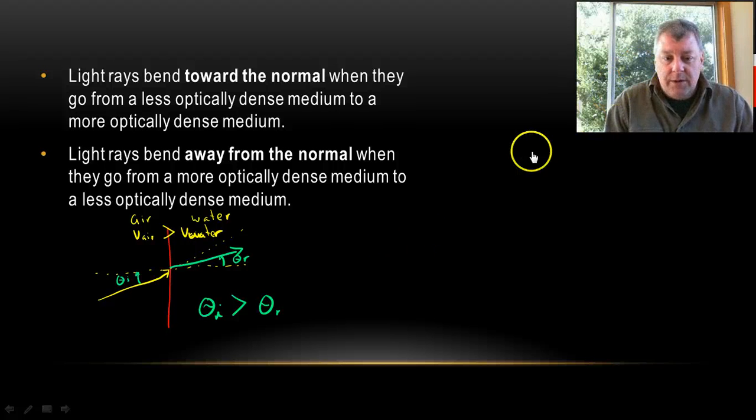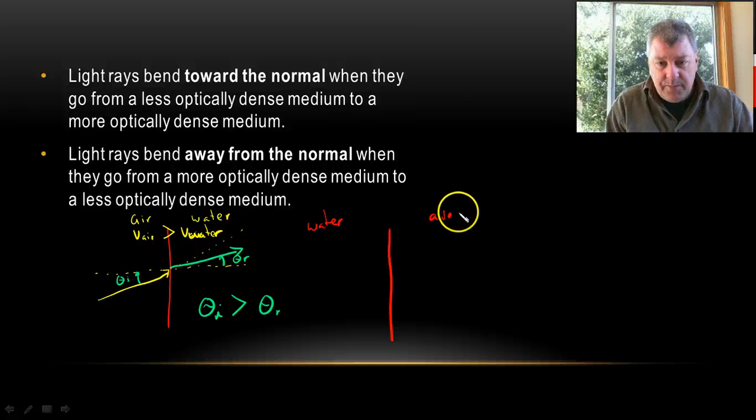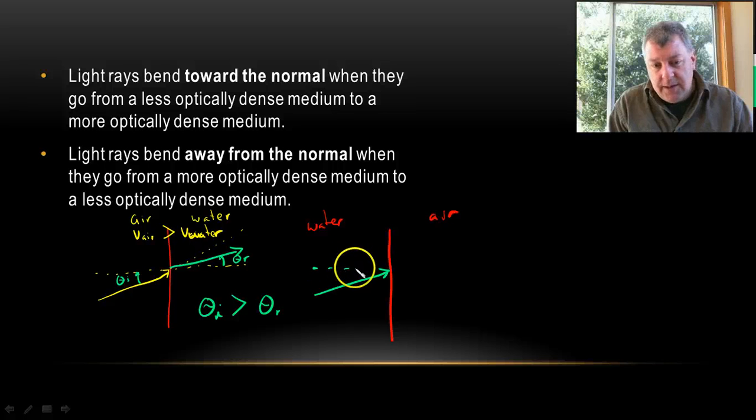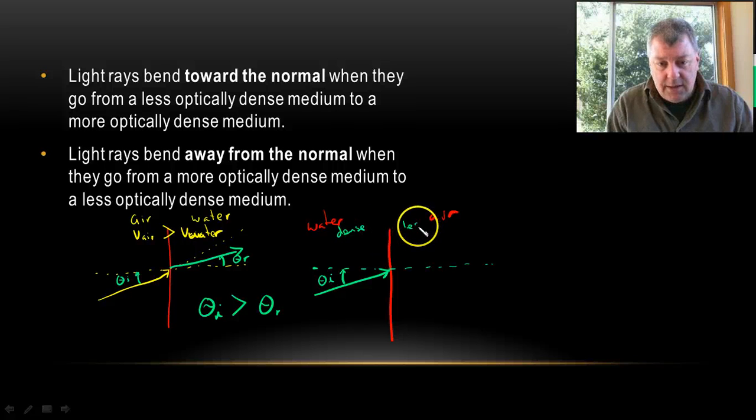If we do the converse, let's draw our boundary again. Let's go from water to air, and let's go blue. This is our light, there's our normal, and this would be our angle of incidence. Now this is more dense, this is less dense, so it's going to bend away from the normal.